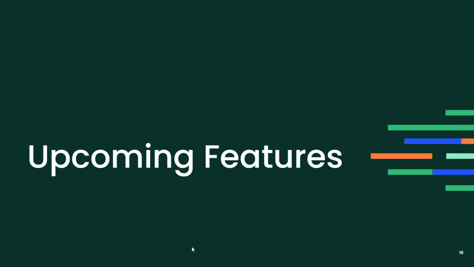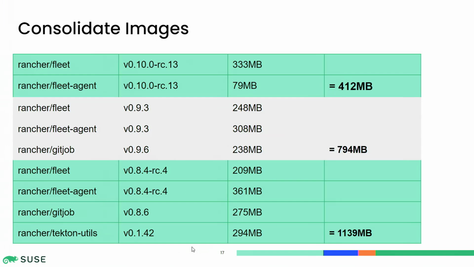I think the fun part is to talk about upcoming features. One thing that makes me happy is that from the very old versions, like from 0.8, which I think is Rancher 2.7, we were able to not only reduce the image size, but also ship fewer images. What really makes me happy is that we managed to get the Fleet agent to a smaller size, because that is the image that is loaded to all the downstream clusters.